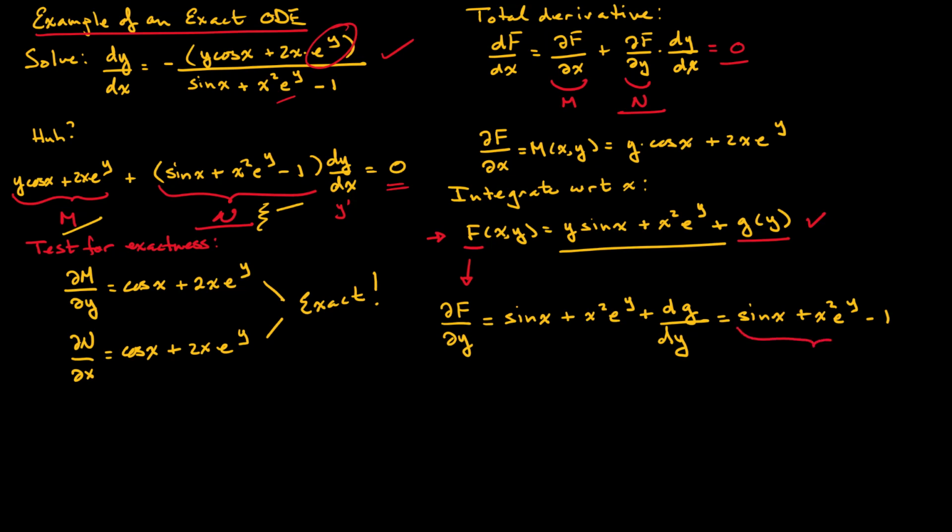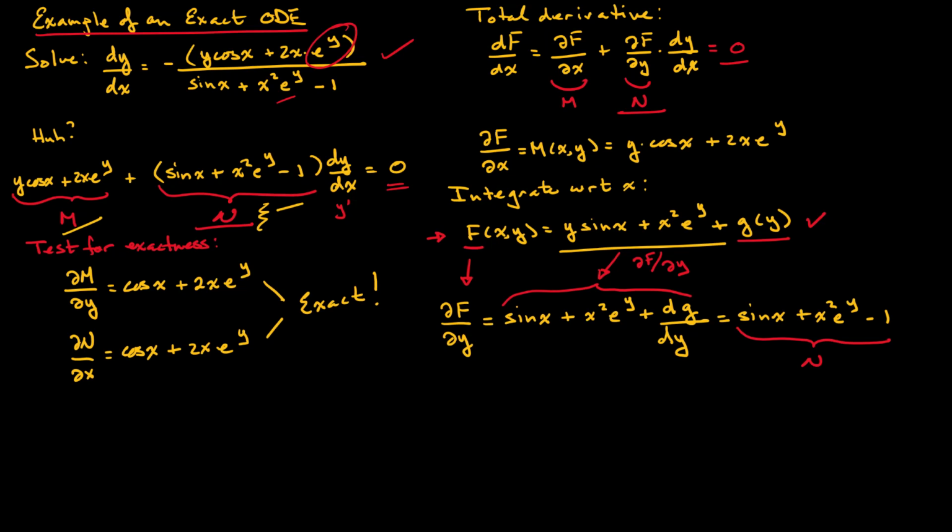So again, this is taken directly from N, from our differential equation. And this over here is taken from above, as we've taken the partial of f with respect to y.